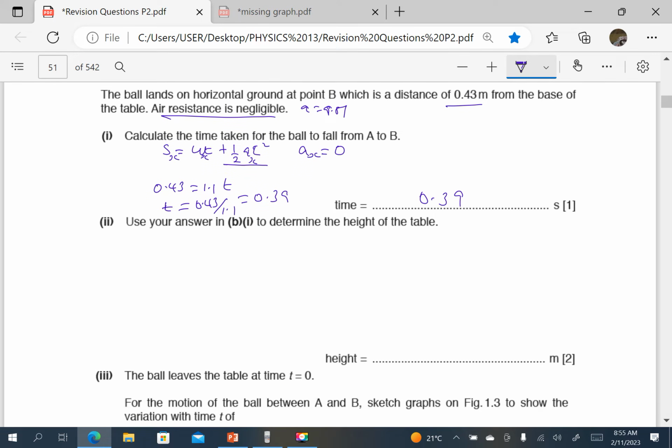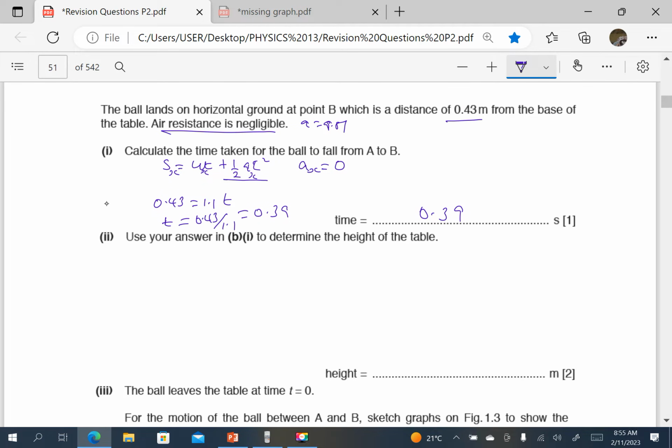Use your answer in B Roman 1 to determine the height of the table. So we want the vertical distance, so we need to use vertical motion. So s in the vertical is equal to initial velocity in the vertical times t plus a half acceleration in the vertical times t squared.